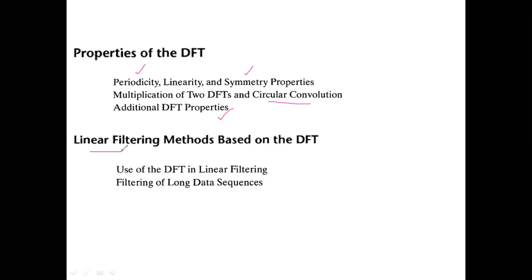We know linear filtering is nothing but our linear convolution, and in the previous semester we had seen that using DTFT we can do linear convolution of discrete time sequences. Using a normal Fourier transform, we could do linear convolution or linear filtering of continuous time signals.